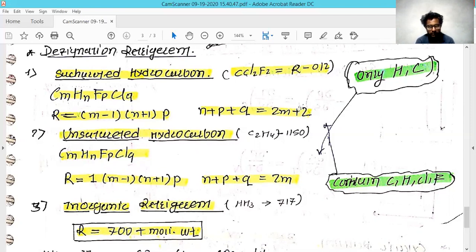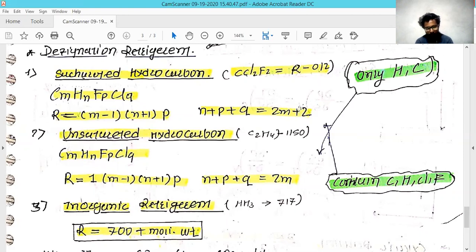And in this condition, the hydrogen is not there, so if you put the N value as 0 in this formula, it turns out to be 1, and the P portion is 2. So this is how the formula turns out to be R012. This is how CCl2F2 is denoted in the form of R012.